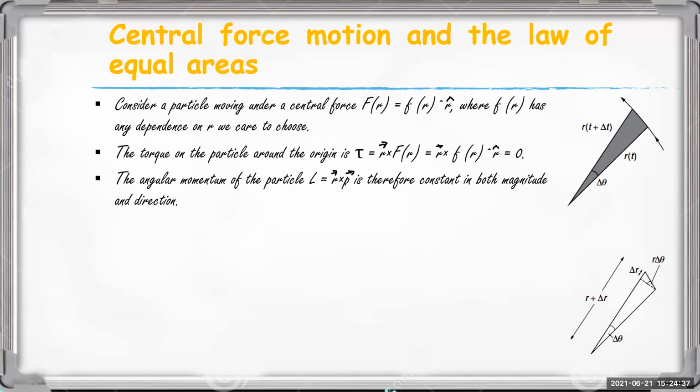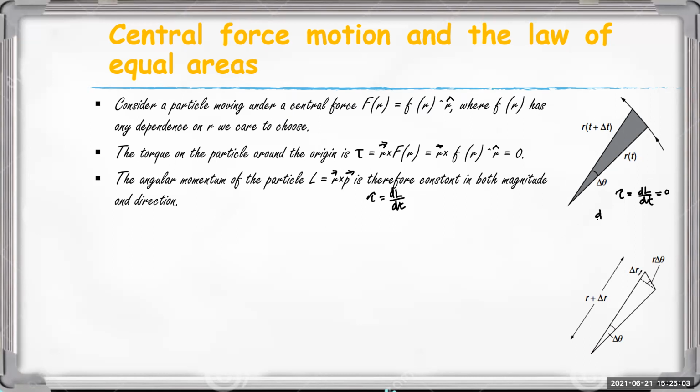The angular momentum of the particle is therefore constant, because we know that tau is equal to dL divided by dt, and that is equal to 0.